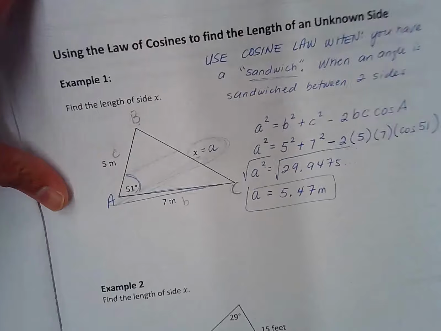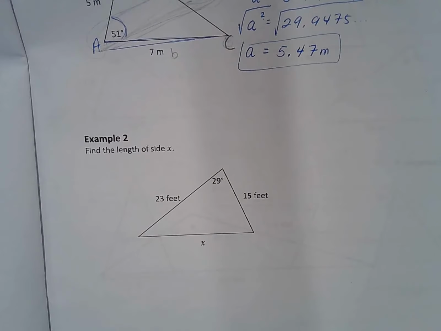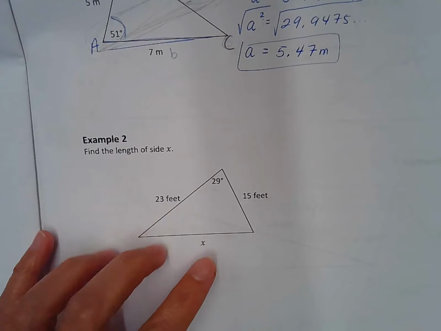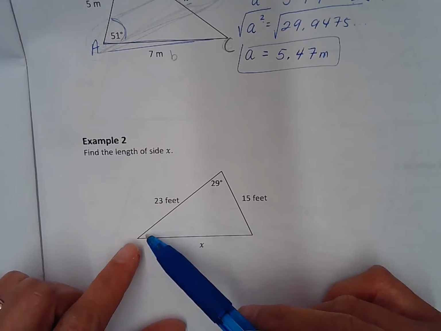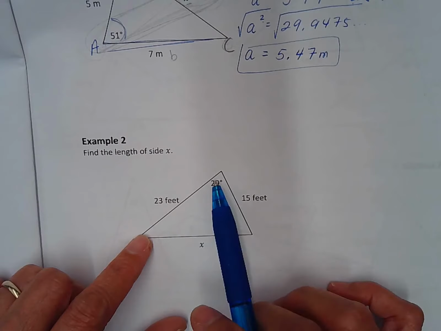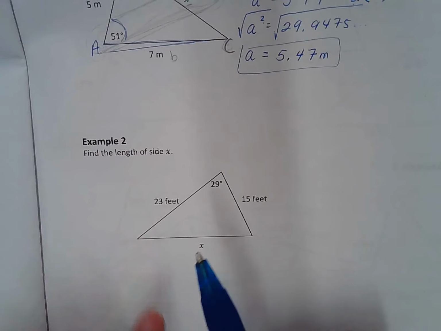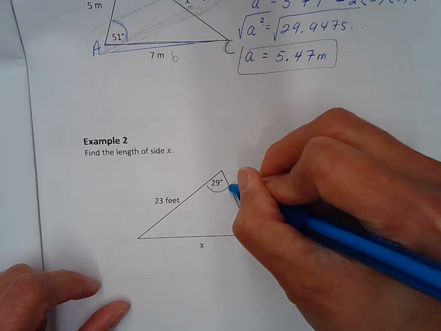Okay. Remember, cosine law is going to be used when you don't have a complete pairing, and you can't make a complete pairing. If we don't have another angle. And then when you look at this one here, you're going to use cosine law when you have a sandwich. Do you see a sandwich? What's a sandwich?